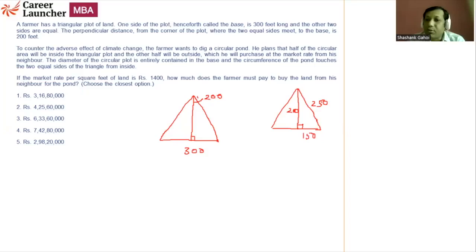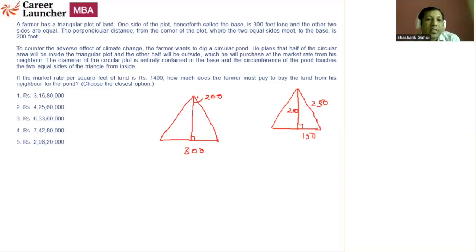After that, the question says to counter the adverse effect of climate change, the farmer wants to dig a circular pond. He plans that half of the circular area will be inside the triangular plot and the other half will be outside, which he will purchase at a market rate from his neighbor.